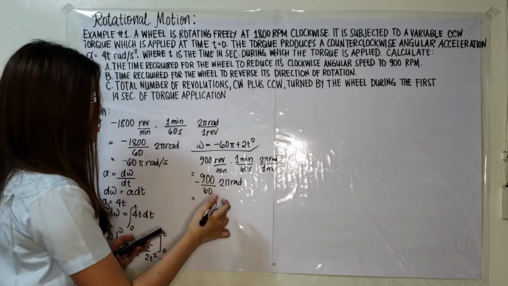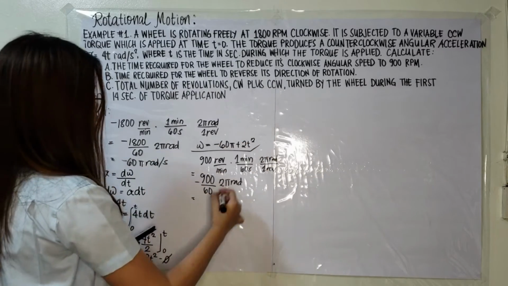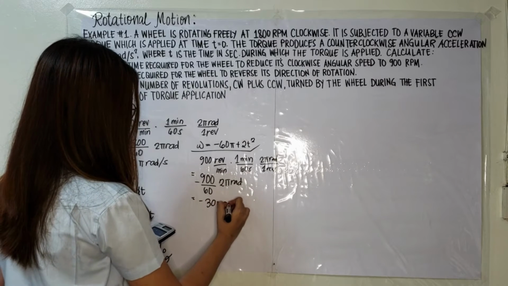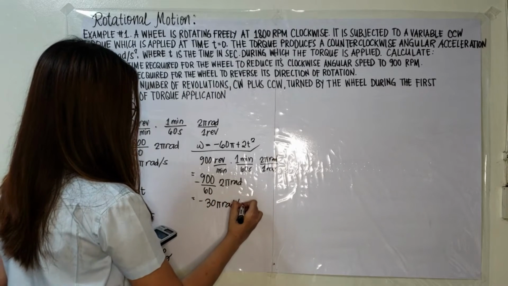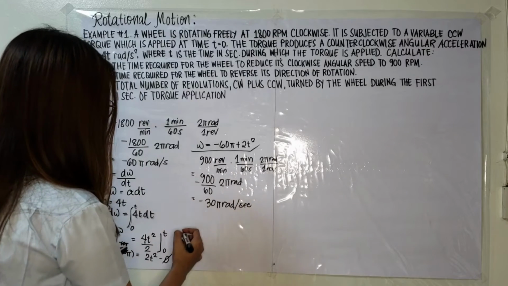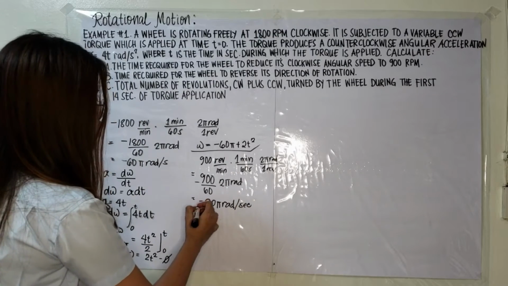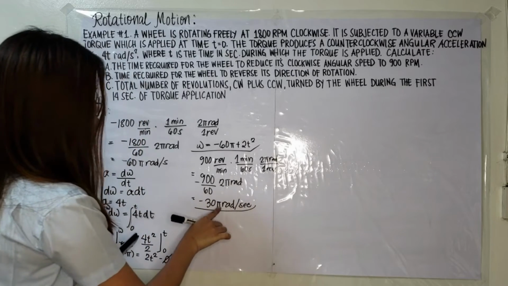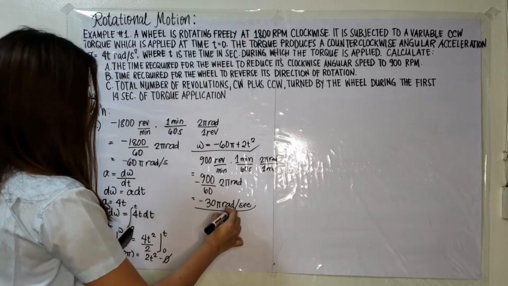This is also negative because it is in the clockwise direction: negative 30 pi rad per second. We will now substitute this negative 30 pi rad per second in our equation.